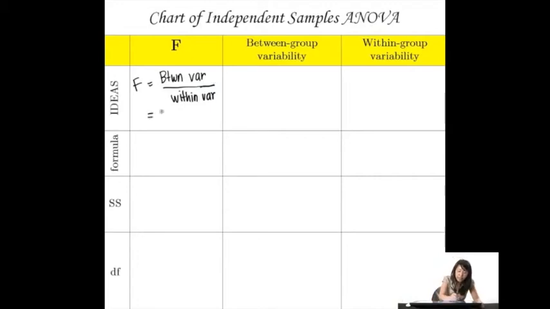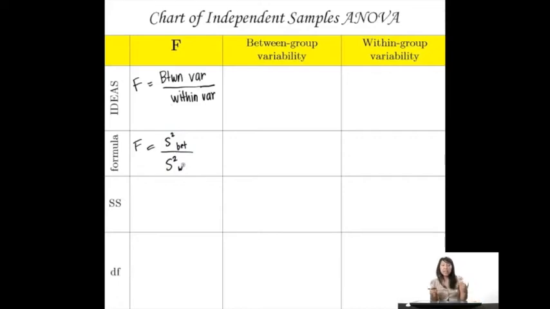And in order to get that, we're going to get the variation between over the variability within. Oh, actually, I wrote this in the wrong place. I should have written it down in the formula section. So F equals the variability between divided by the variability within.